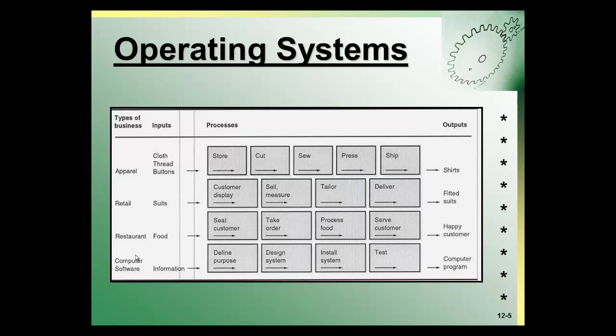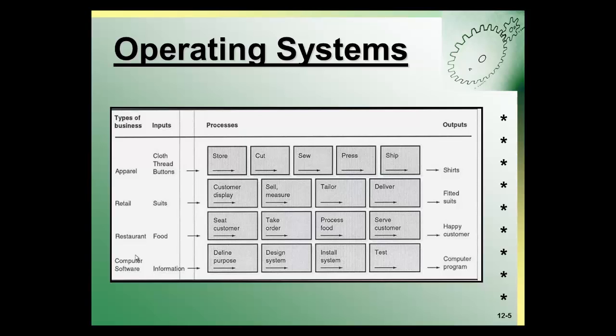And the restaurant, whose perfect finished good and service is a happy customer, provides food, and by properly seating the customer, taking the order, processing and preparing the food, and serving it in a pleasing way, the restaurant converts food to a pleasing experience that makes the customer happy. A computer software company takes information and creates a computer program.